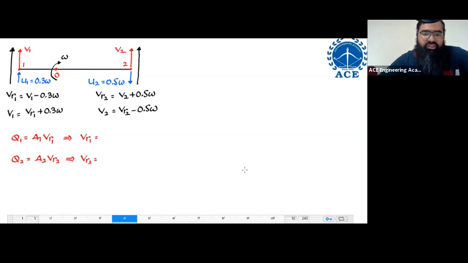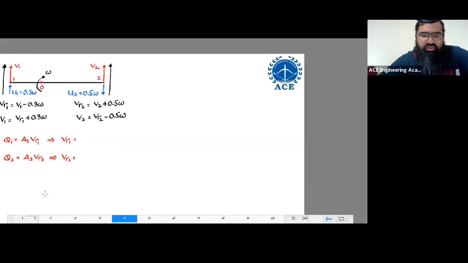Direction of rotation is given in the question. Direction of relative velocity should be in the direction of absolute velocity. If V1 is upward, VR1 is upward. If V2 is downward, VR2 is downward.